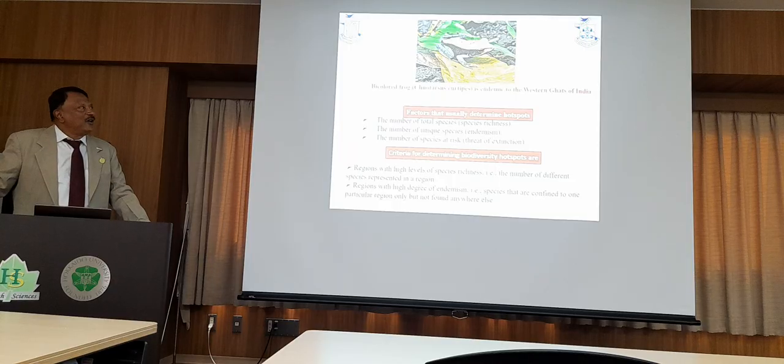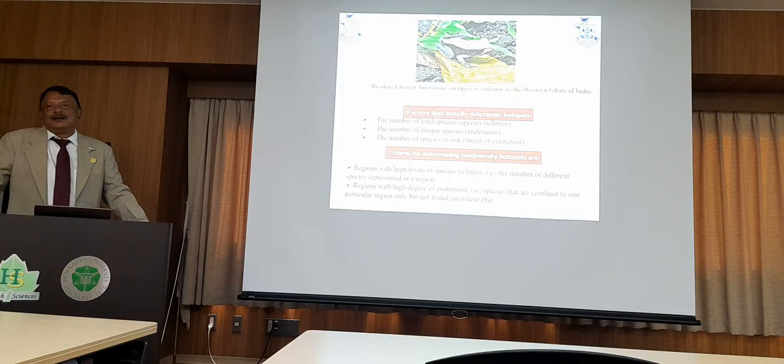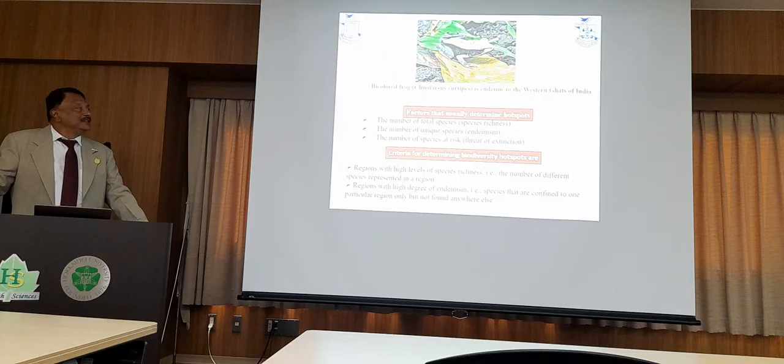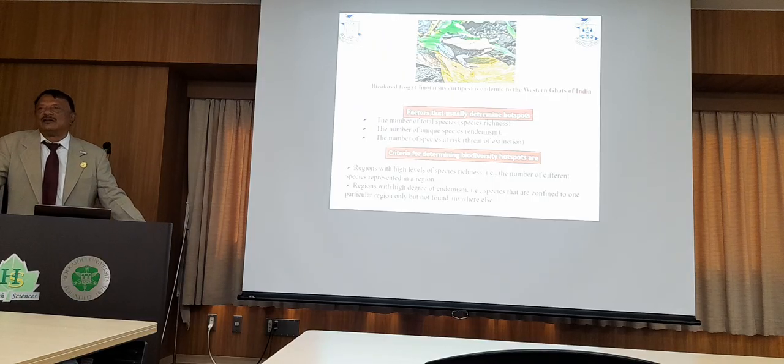And this is the bicolored frog which we identified in our work. For this, we received funding from the Department of Science and Technology, Government of Karnataka and Government of India. The factors that usually determine hotspots are the number of total species, the number of unique species, and the number of species at risk, threatened on the verge of extinction.